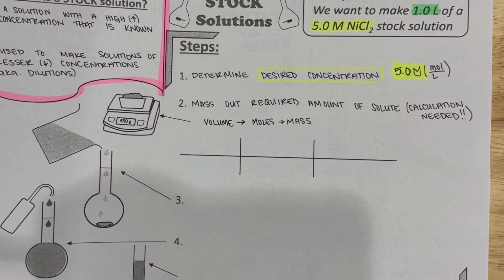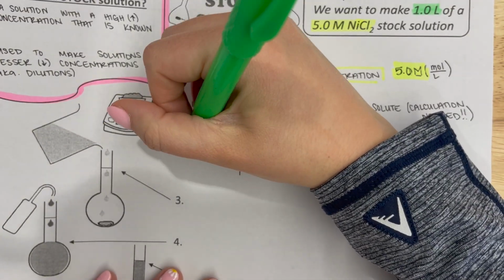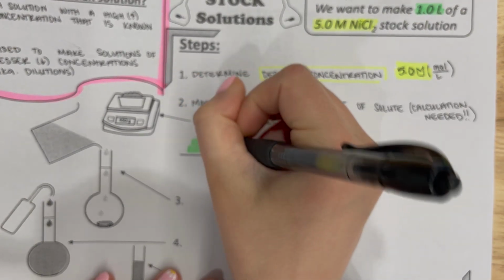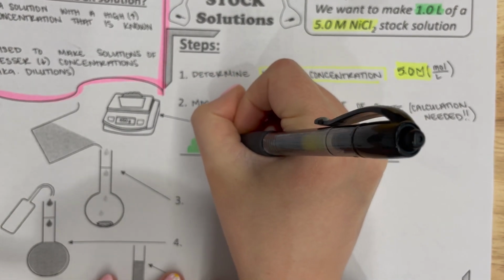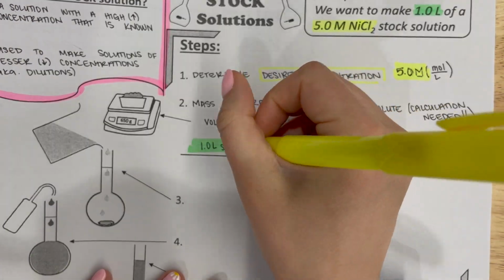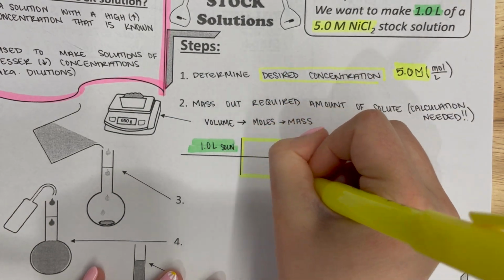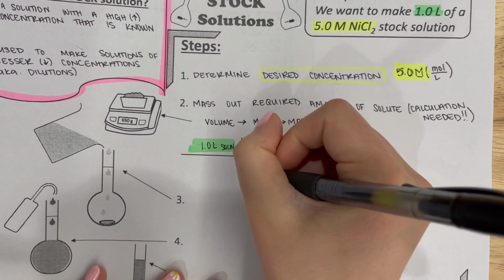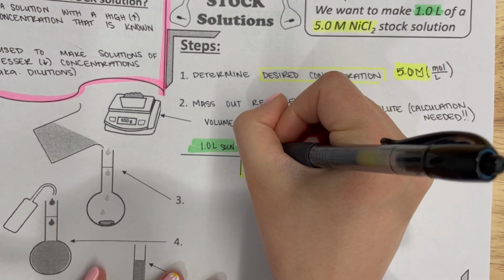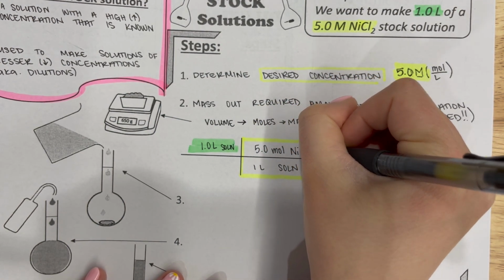Starting with this volume value, which is 1.0 liters of solution, we get to use our molarity value as a conversion factor, where 1 liter of solution is 5.0 moles of nickel chloride.